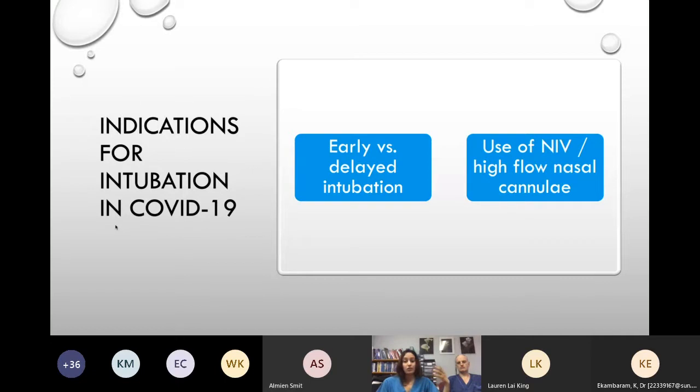So that being said, of course, there will be those patients that despite all of these maneuvers are going to reach that point in the progression of the disease where they have that cytokine storm and they do start developing a bit of that ARDS type of picture. For these patients, it's going to be those that are actually having confusion.